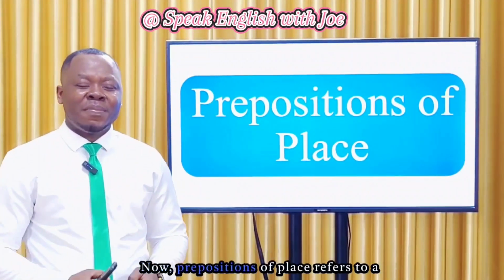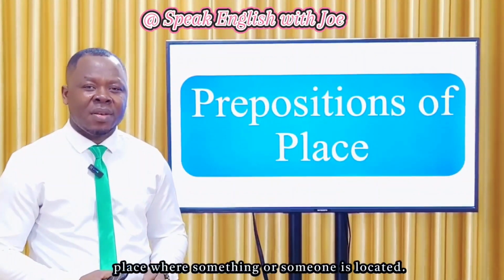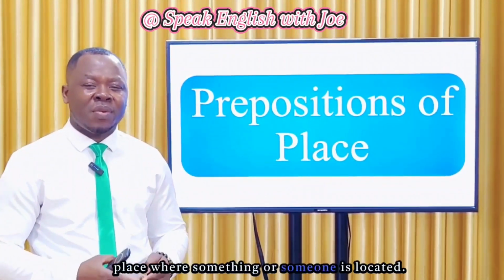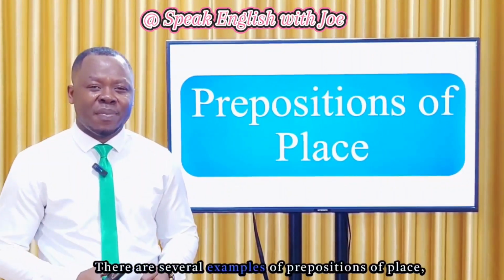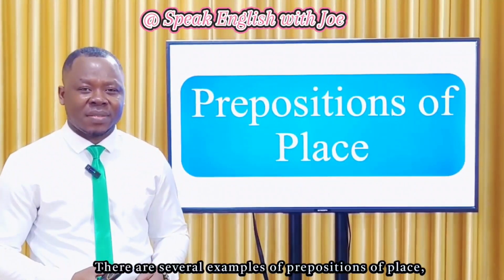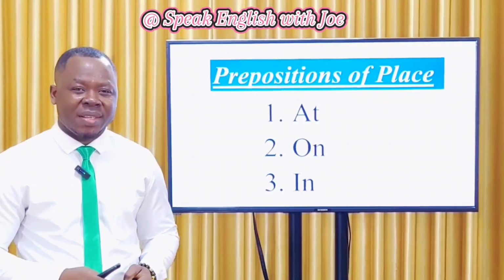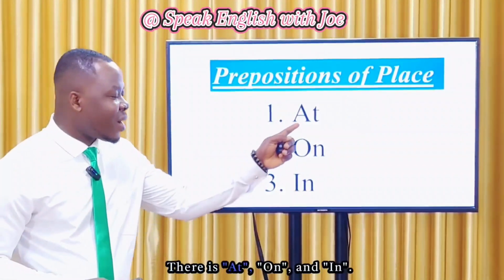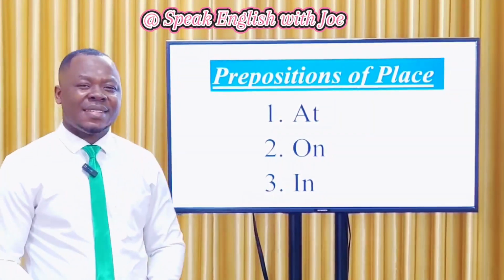Now, prepositions of place refers to a place where something or someone is located. There are several examples of prepositions of place, but in this video, I'll talk about three. That is, at, on, and in.